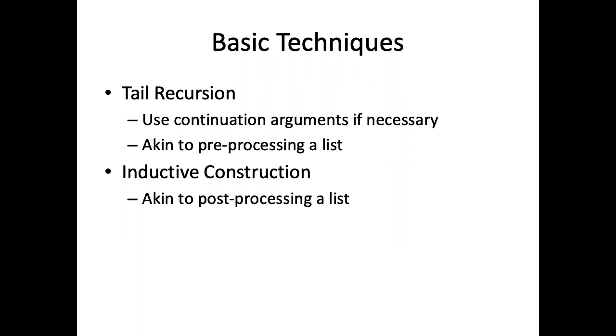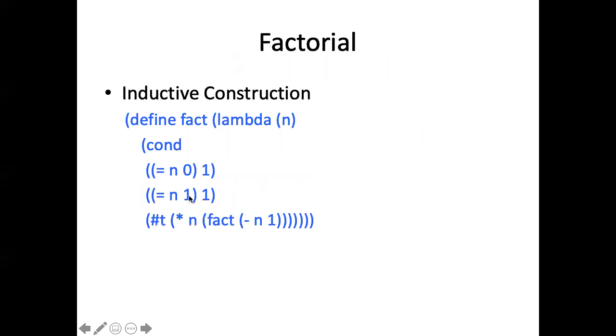So if you have an n+1 item list, you will process the remaining n items first, and then take that result and apply the first item in the list to it. So tail recursion is like a pre-order traversal on a tree, and inductive construction is like a post-order tree traversal. We're going to show you factorial, summing a list, and then quicksort as three examples.